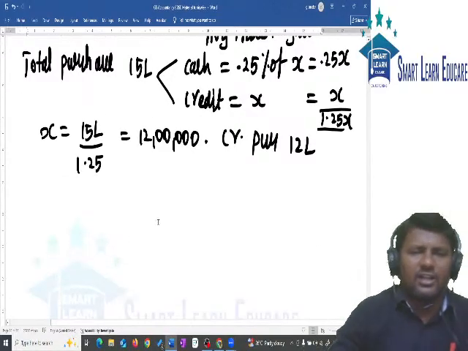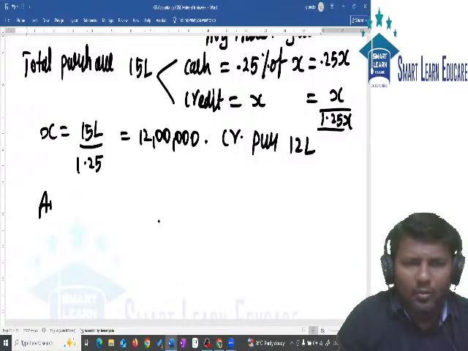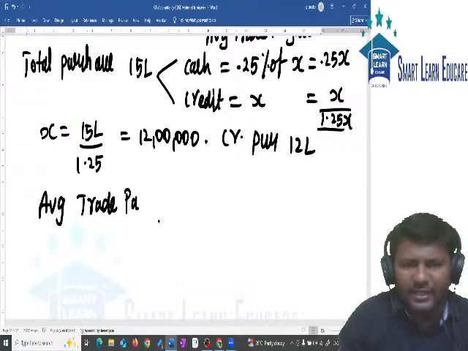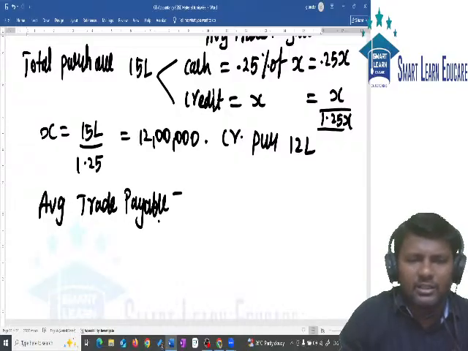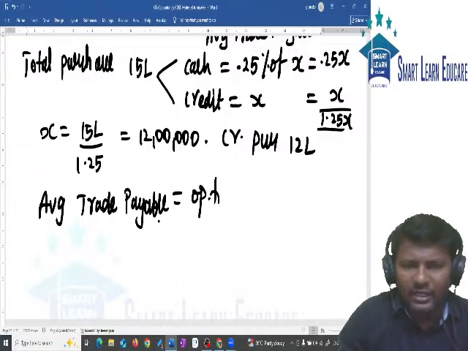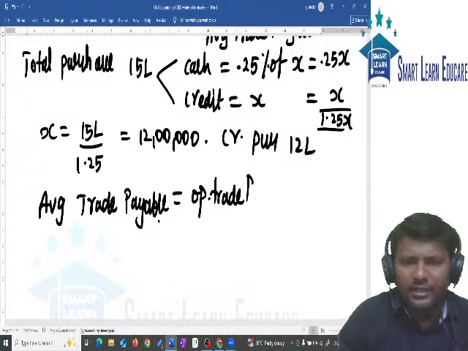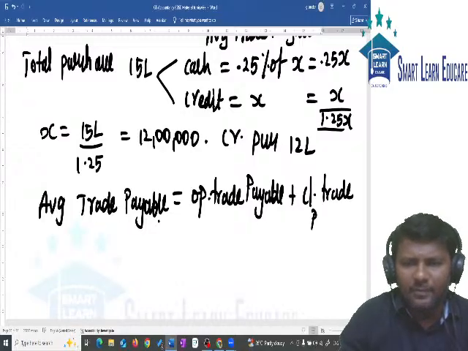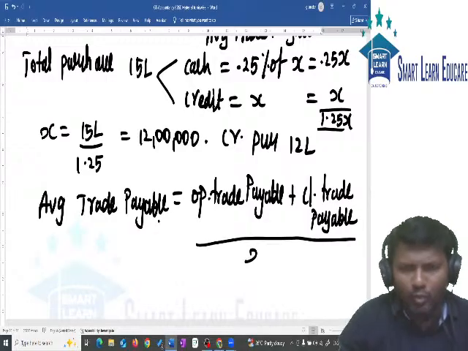What is average trade payable? Average trade payable is equal to opening trade payable plus closing trade payable, divided by 2.